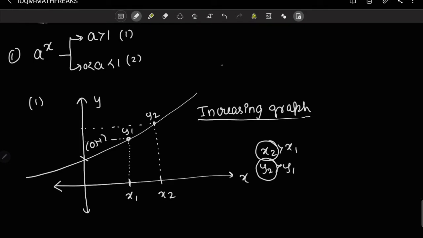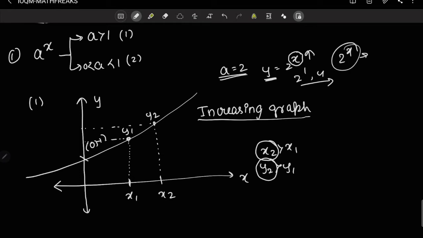Otherwise, say for example a equals 2. Then as a function, y equals 2 raised to the power x. If you increase x, then y is also increasing. Say 2 raised to the power 1 is 2, 2 raised to the power 2 is 4. See, y is also increasing, so we say that 2 raised to the power x has an increasing graph.